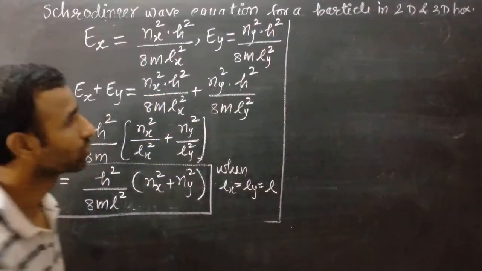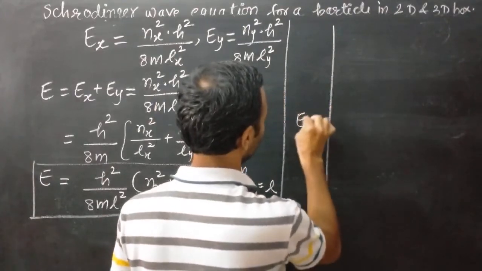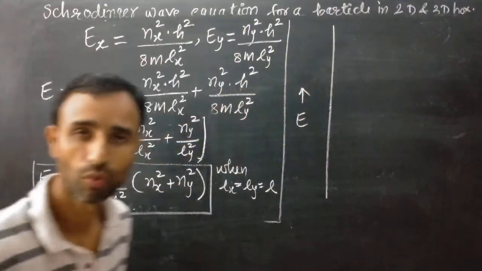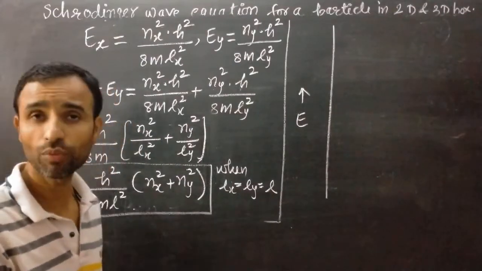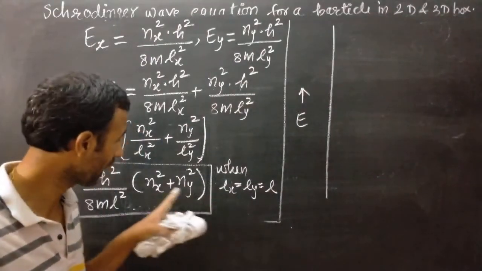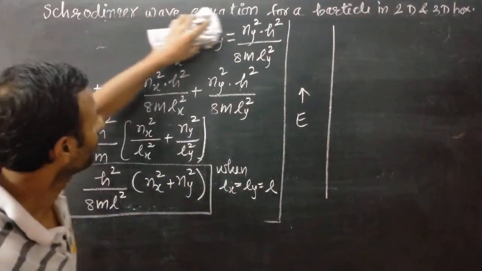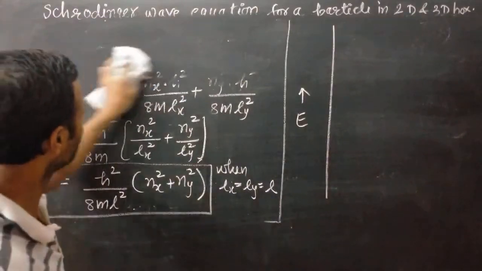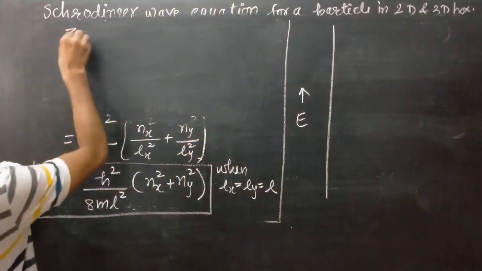Right? So now if we plot a graph of the energy of different states depending upon nx and ny. First of all, the minimum energy, that is called zero point energy.